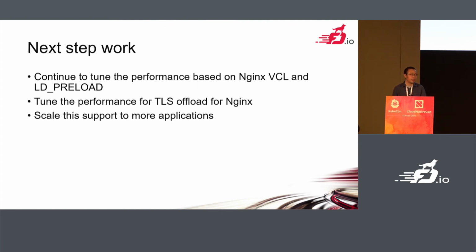So the next step is that we'd like to work together to tune the performance based on the VCL layer and the LD preload. And also, when this transport becomes stable, we will continue to tune the performance of the TLS offload for Nginx, so that we can use the traditional way to connect to Nginx, and then use the user space library, and measure how much we can improve.